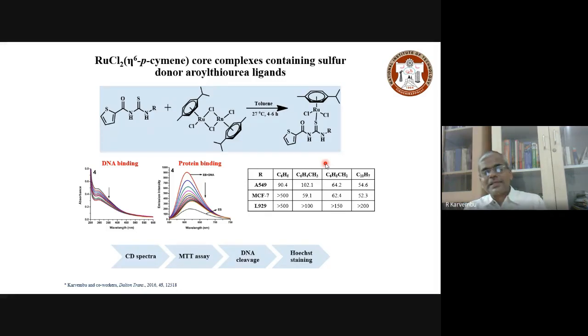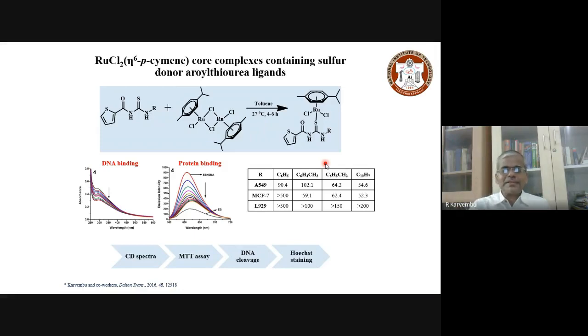So biologists have helped us to find out the activity of these ruthenium arene complexes in different types of cancer cells. So that has yielded very fruitful results for us. We have developed very efficient anti-cancer ruthenium arene complexes. I will show you this was possible because of our collaboration with a biologist who can do MTT assay.